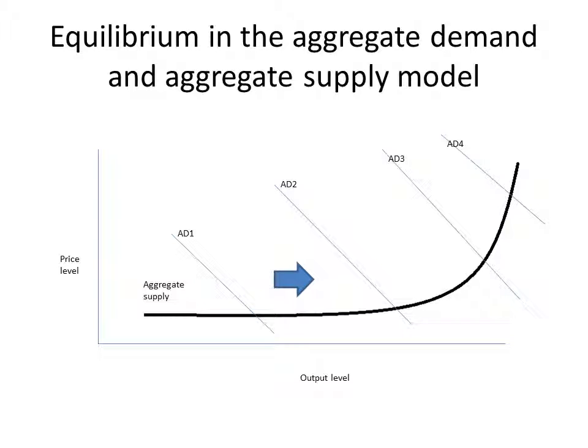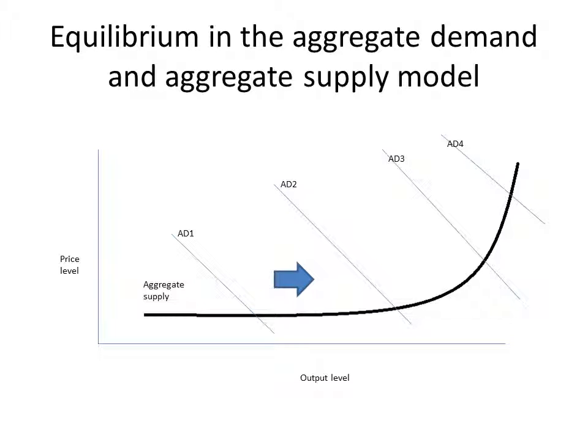Notice as aggregate demand shifts from AD1 to AD2, output increases and price levels do too. And I might, as I did not point out, the equilibrium is where these two curves are going to intersect. So therefore, when AD1 intersects the supply curve, at that point we have a certain price level and certain output level.